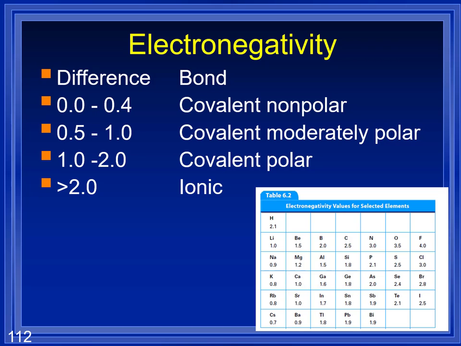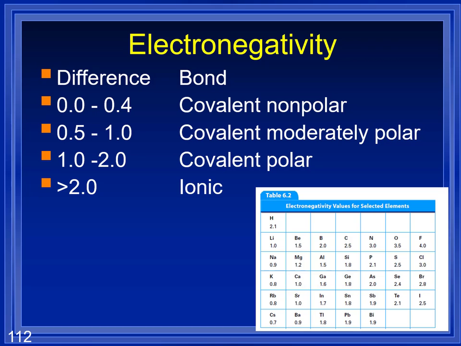Because how are you going to have a difference bigger than 2? You'll have something over here, a metal, with something over here, a nonmetal. Something with a low number and something with a high number. You subtract those two, you're going to get a big number. So it's just a different way of looking at metal, nonmetal. It's about how hard is that atom pulling on electrons.